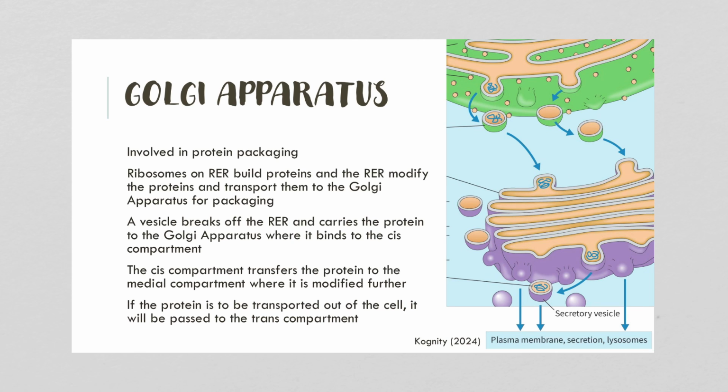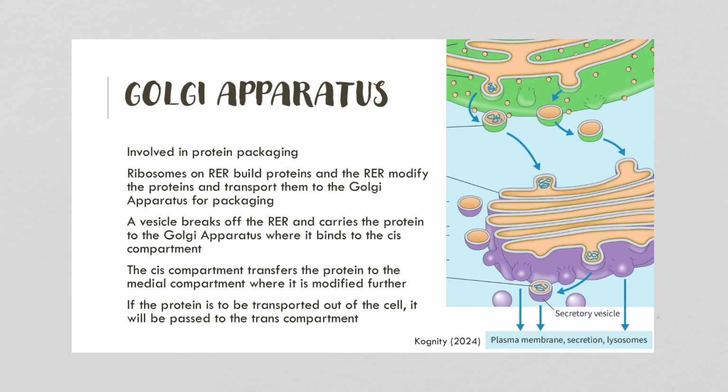The cis compartment transfers the protein to the medial compartment, where it will be further modified. And if the protein is to be transported out of the cell, it'll actually be passed to the trans compartment and then off to another cell.